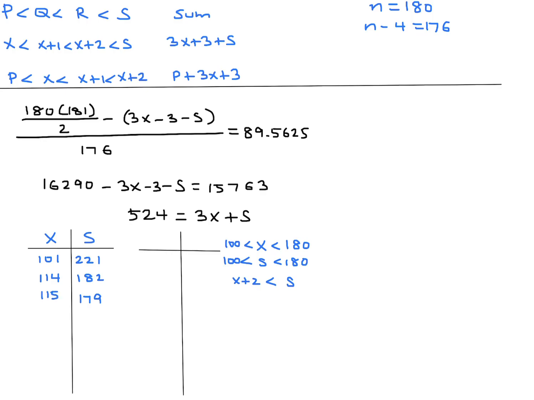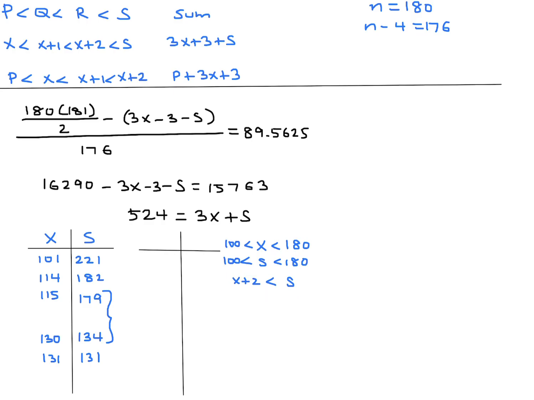And then I keep going, and eventually I get to 130 for x, which gives me 134. At that point, I start to fail this one. Everything in this range is fine. But then my next one, 131, gives me 131 for s, and that does not satisfy that condition.